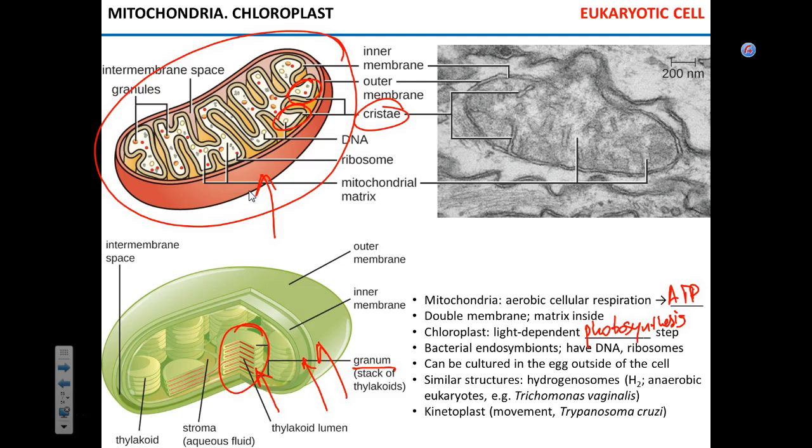Both of them are endosymbionts. They both can replicate outside of the host cell. You can put them in the egg, as I mentioned. They both have DNA. They both have ribosomes. Okay? Now I have a little question. So is that clear? The function, ATP synthesis for mitochondria, photosynthesis for chloroplast. Good.